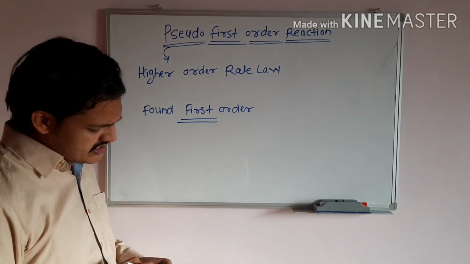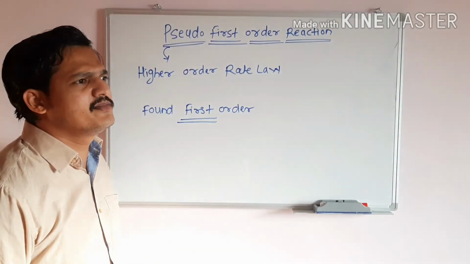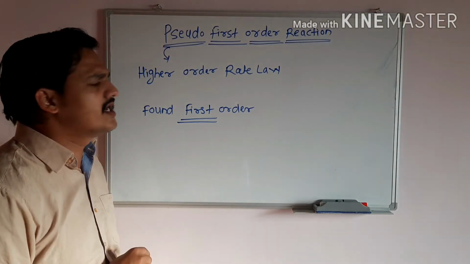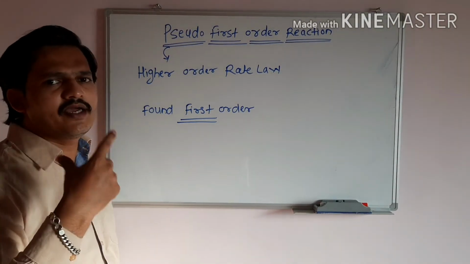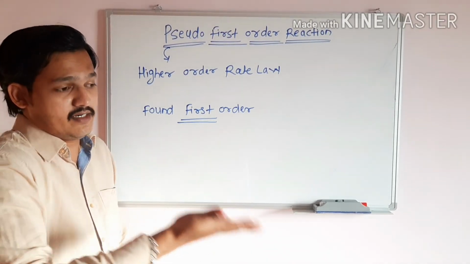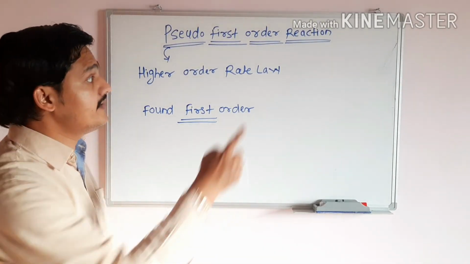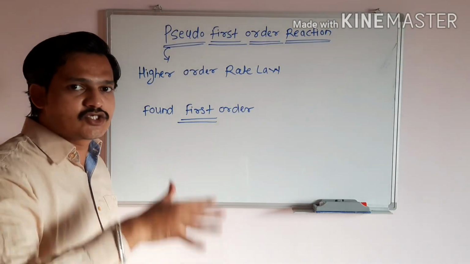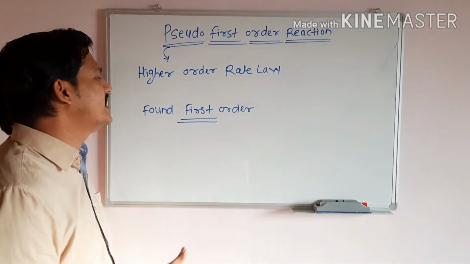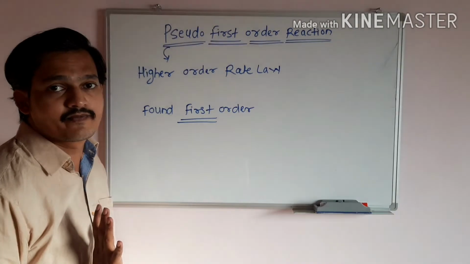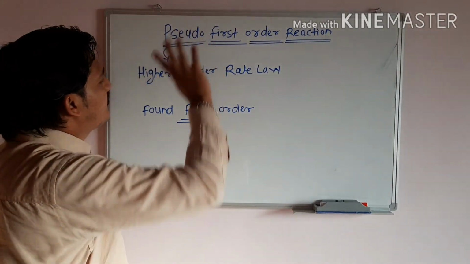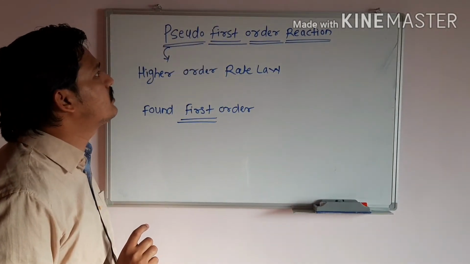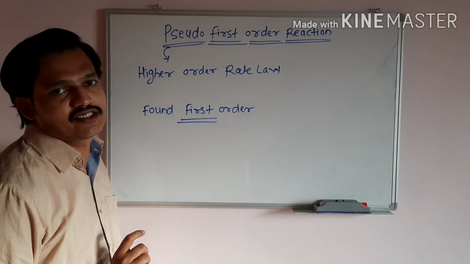There are many reactions in organic or inorganic chemistry expected to have higher order in rate law, but in reality it is first order. That type of reaction is called a pseudo first order reaction.